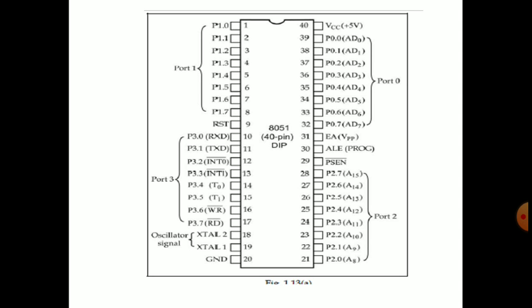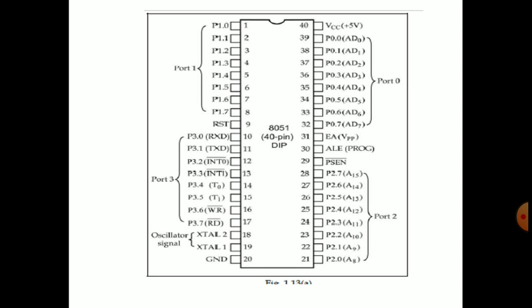Okay. So P3.2 is INT0 bar, external interrupt 0 bar, and P3.3 is INT1 bar, external interrupt 1 bar. P3.4 is T0, timer 0. P3.5 is T1, timer 1.